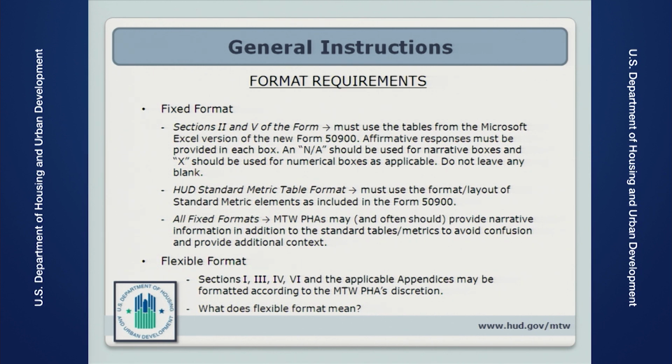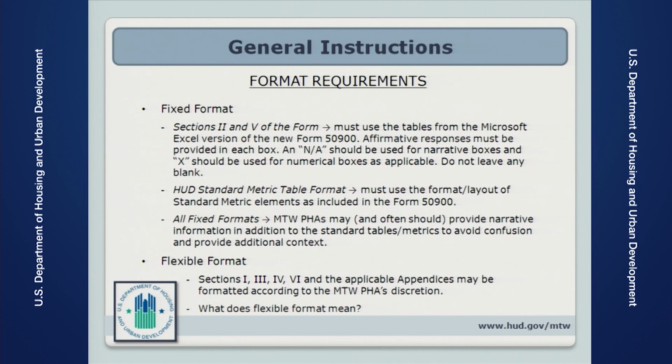For those two fixed format sections, we provide you with Microsoft Excel tables that you need to fill out and provide to us. For our purposes, the information in those Excel files is what we require for those sections. We ask that you send the Excel file itself to us with your plan or report submission.